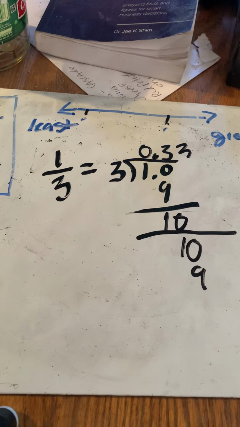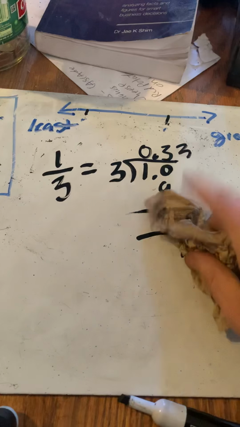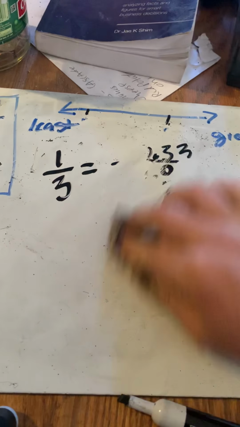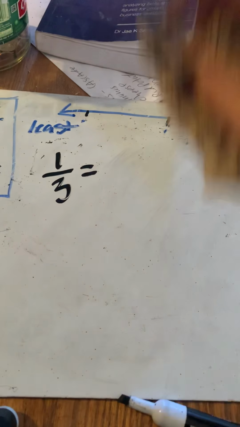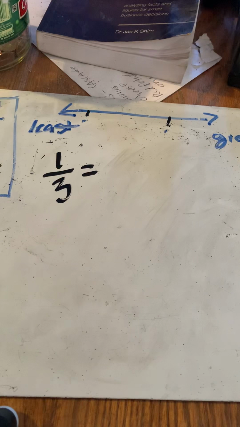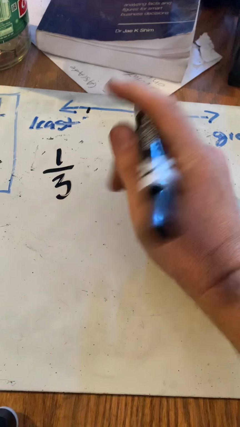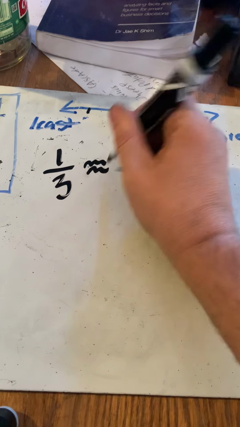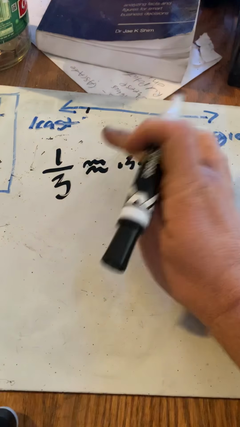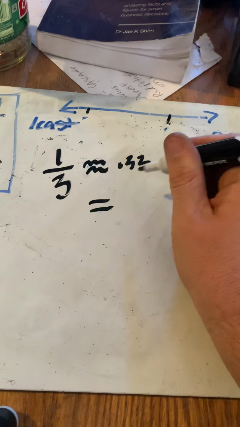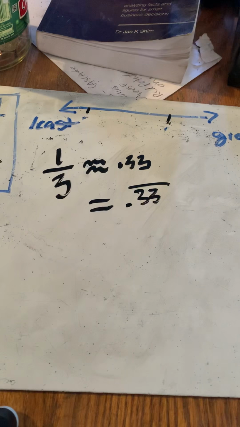So the convention is that most adults, even folks that have a math block, which is a lot of people, know that 1/3 of something is approximately equal to 0.33, but you could also say it's equal to 0.33 repeating.